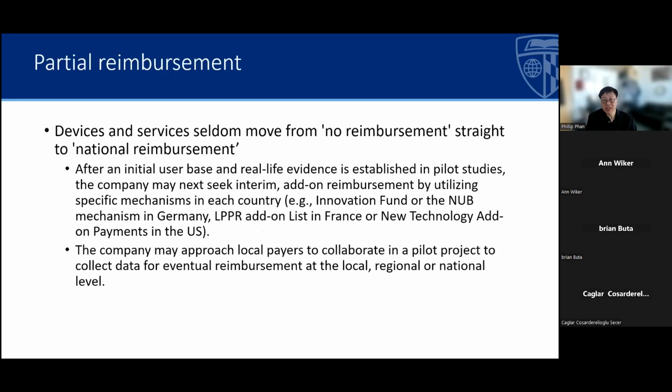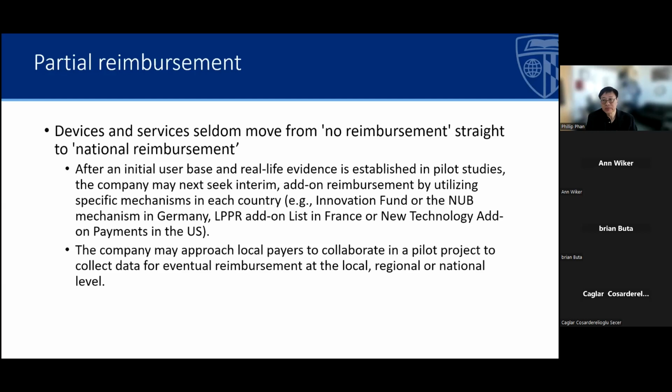National reimbursement means it's 100% reimbursed across all CMS locations. Very seldom does that happen. In fact, the good thing about CMS is that they're actually willing to support pilot studies that can have the potential to improve outcomes and that could actually be much more cost effective.